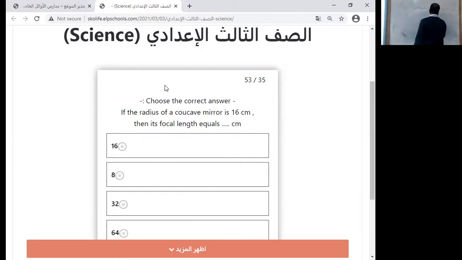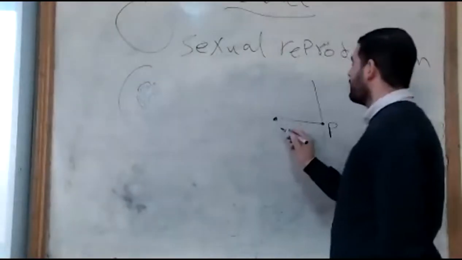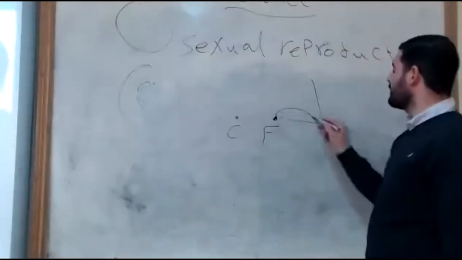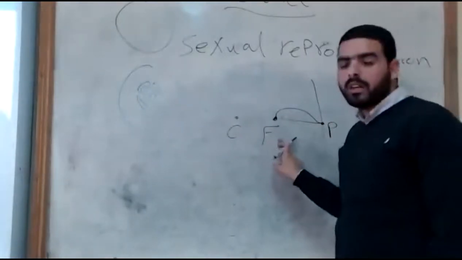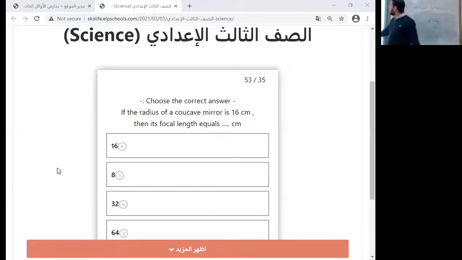As we know, the focal length for a mirror is the distance between the pole of the mirror and the focus. So he assumed that the radius of the mirror, which is the distance between the center of curvature and the pole of the mirror, is 16.